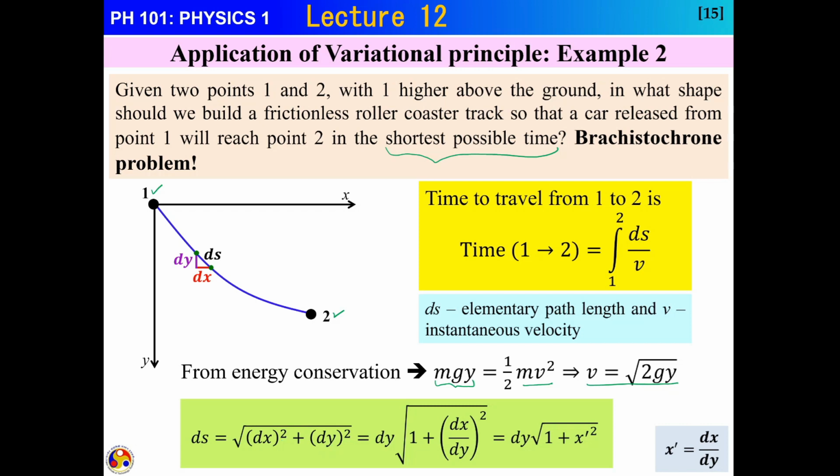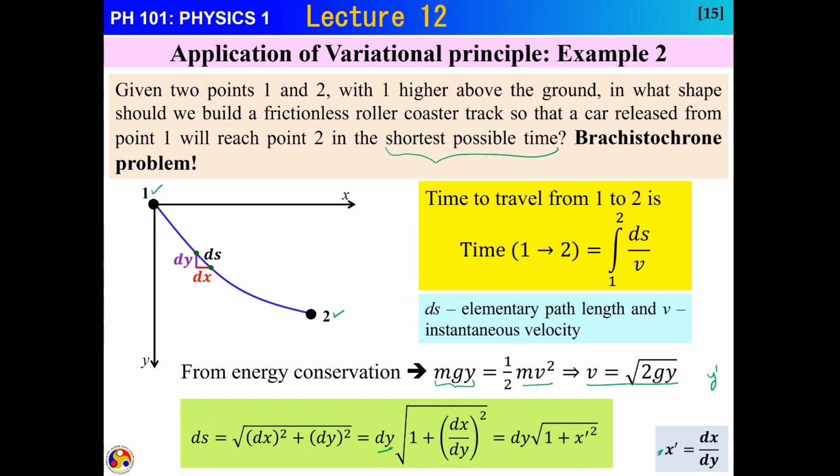Here I can take dy outside, such that it will be 1 plus (dx by dy) square, or I can write dy into the square root of 1 plus x prime square, where x prime is dx by dy. Now, it's slightly different from what we did in the last problem, where we took dx outside so that you got y prime there. Now you are dealing with x prime.